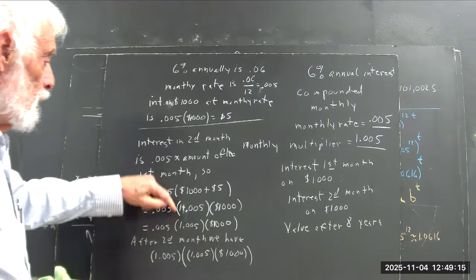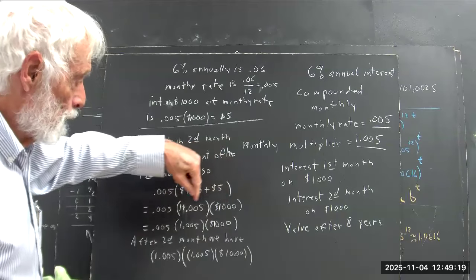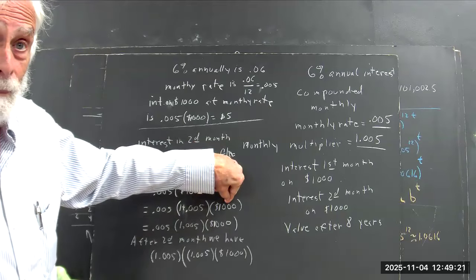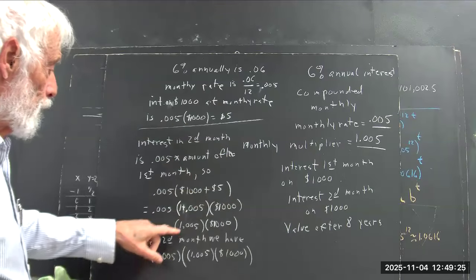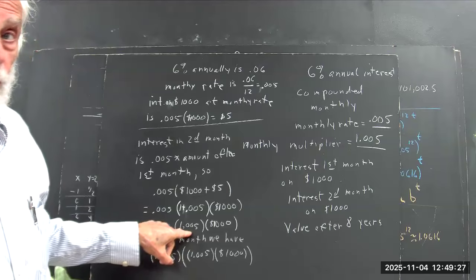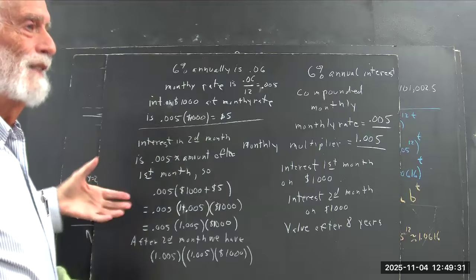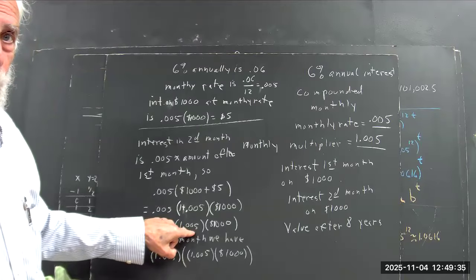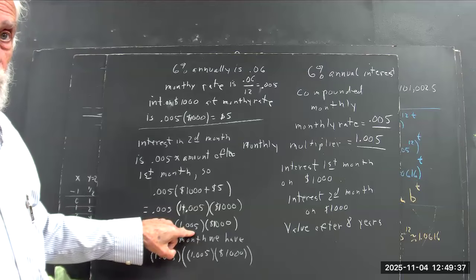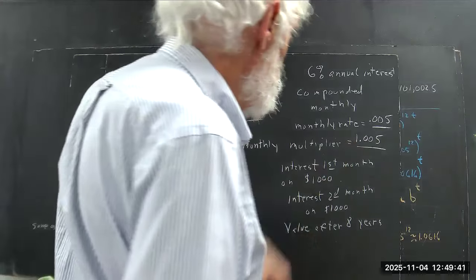I multiply by 1 plus 0.005, I get my money plus 0.5%, the same as multiplying by 1.005. This is how you add 0.005 of your money, your monthly rate. So that's a multiplier.